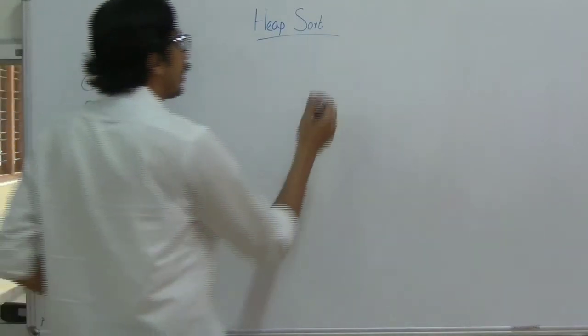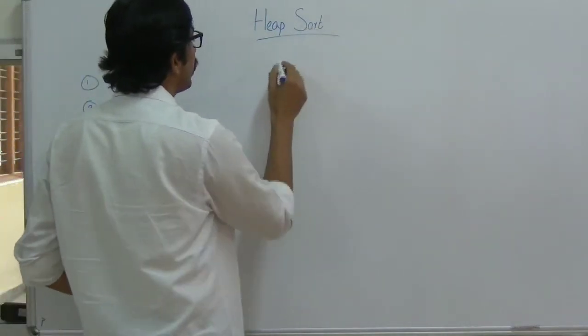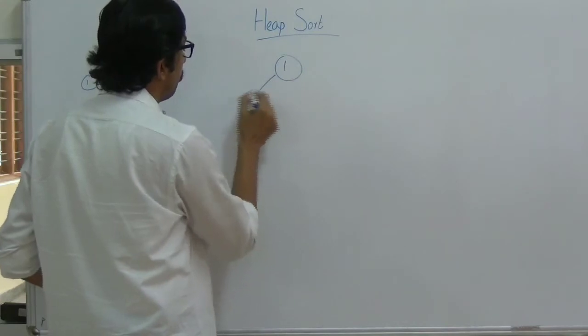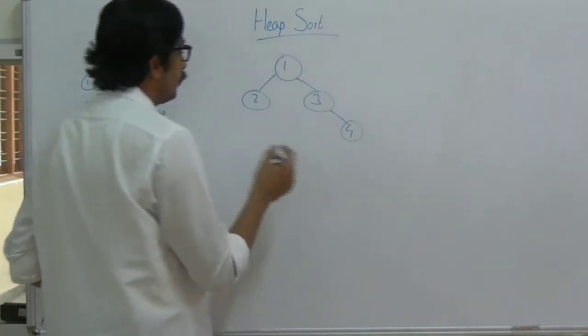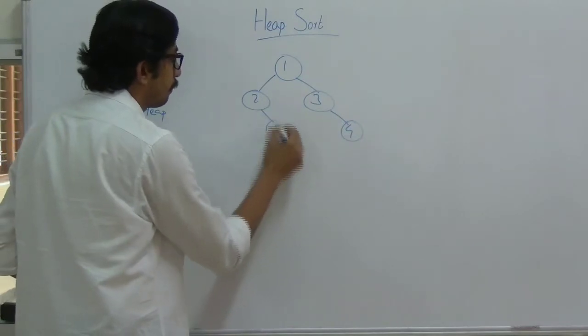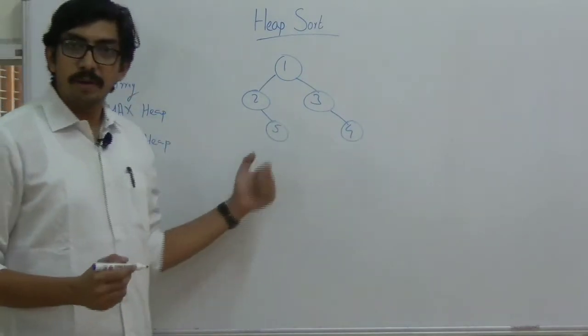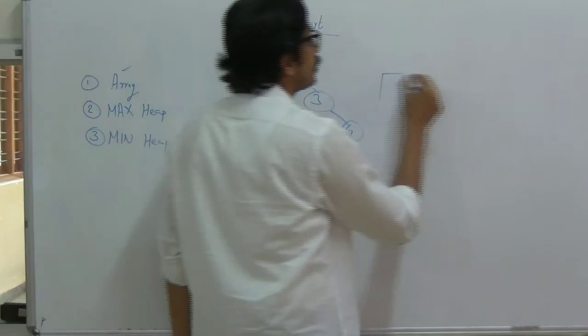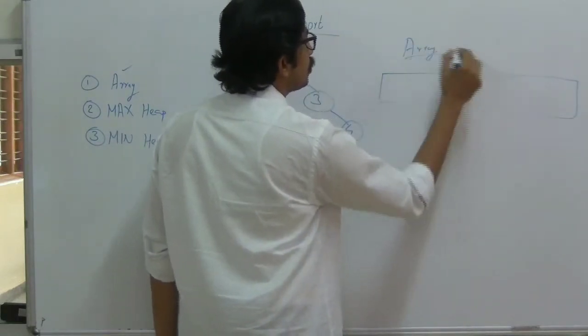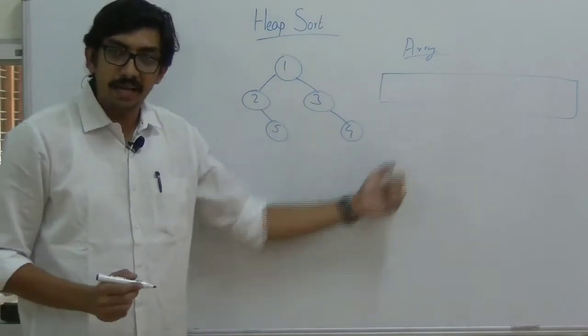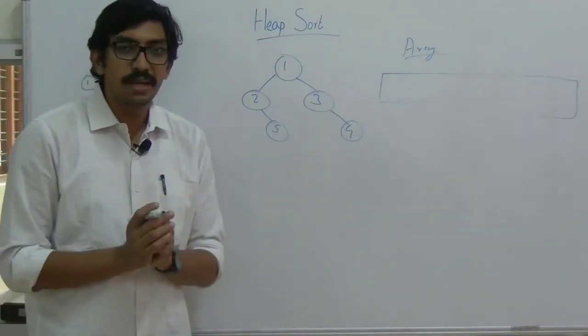So consider we are having a binary tree 1, 2, 3, 4, 5. Suppose this is a binary tree and I have to represent it using an array. To represent a binary tree in an array, there are certain rules which you have to know.